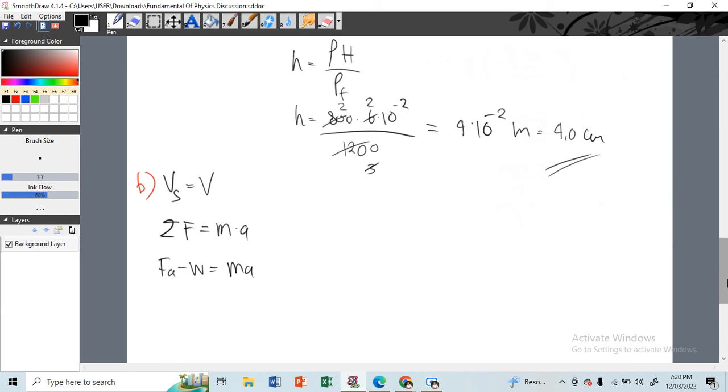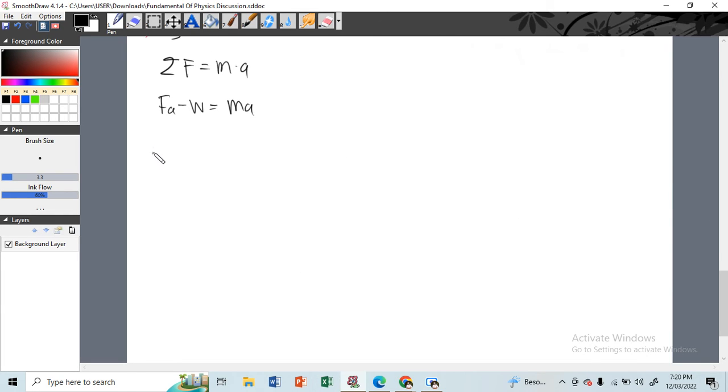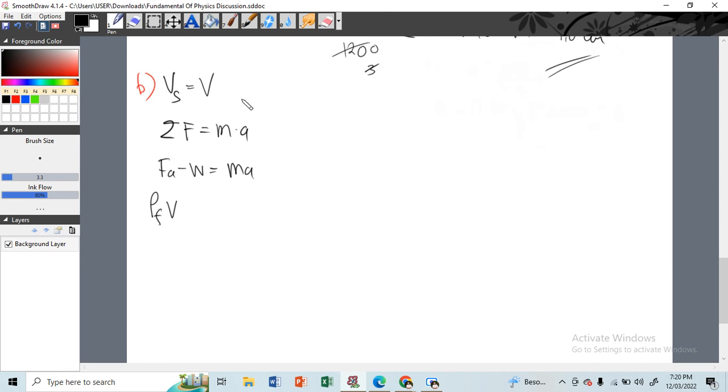So if we write it here, the sigma F in the system is Fa minus W equal to m times a. Now we know the Fa is equal to the rho of the fluid times the volume of the block that's submerged. But because the volume that's submerged in the fluid is equal to the total volume of the block, we just use V in this equation, times g, minus rho of the block times the total volume times g, is equal to ma.